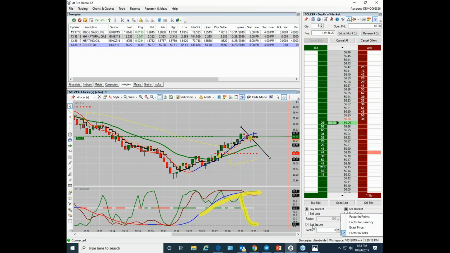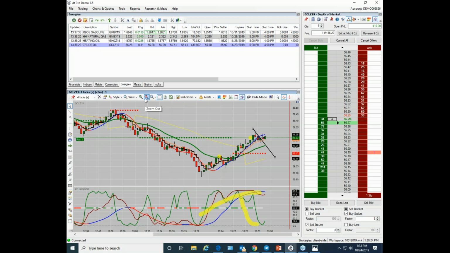If you do everything in ticks, it just keeps it simple. All right? So here we go. So we're just waiting for this to go how far? Plus 4 ticks in our favor, okay, before we can move our stop to our entry. Where's our entry? Right here.